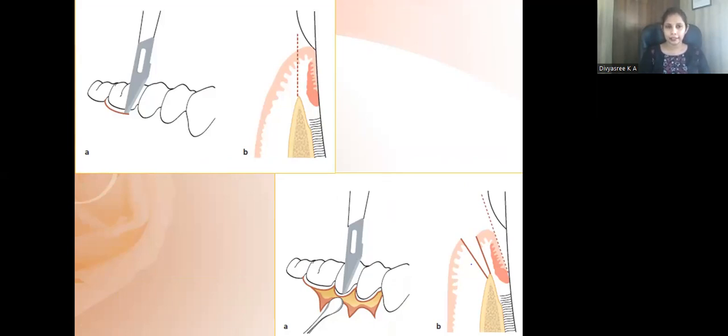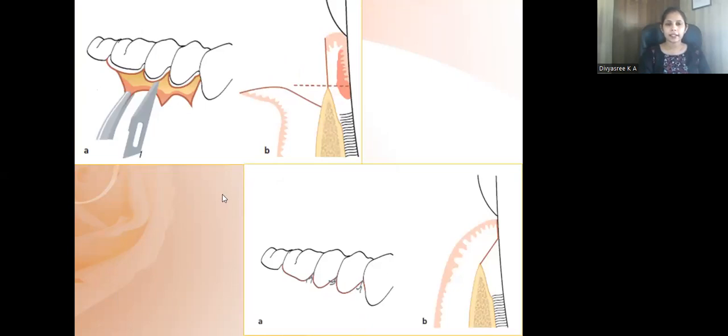Now let's see the steps in modified Widman flap surgery. The first incision, the internal bevel incision, is placed 0.5 to 1 mm from the gingival margin towards the crest of bone. That is the first step. Then this is followed by the placement of a crevicular incision from the base of the pocket towards the bone.